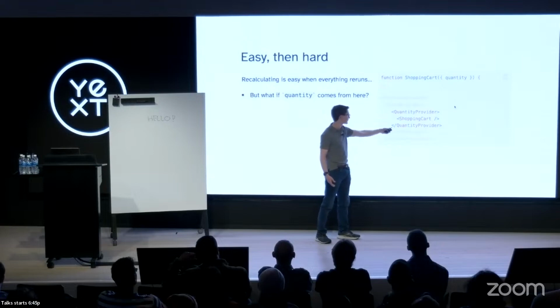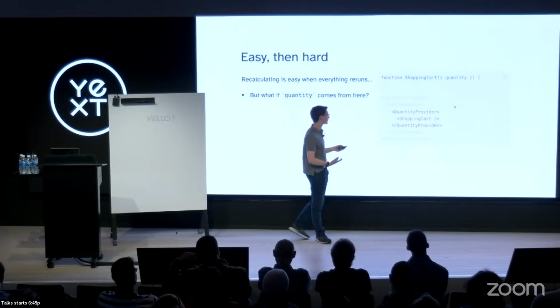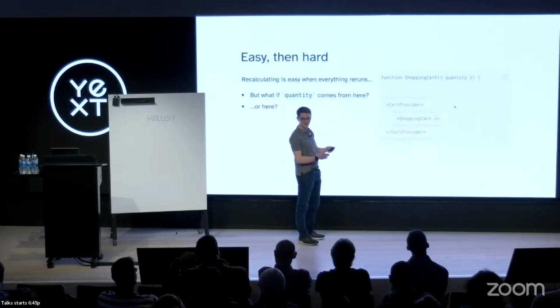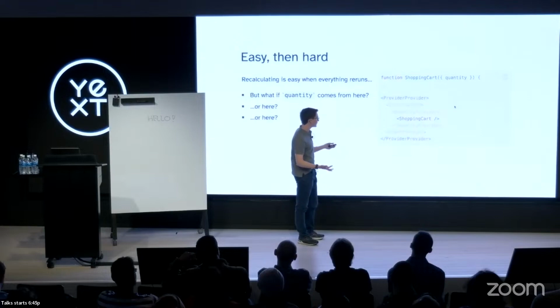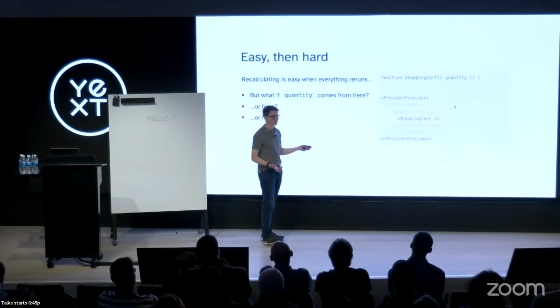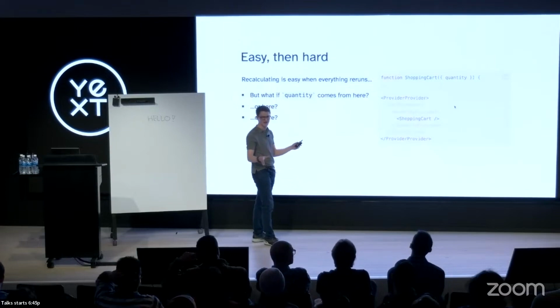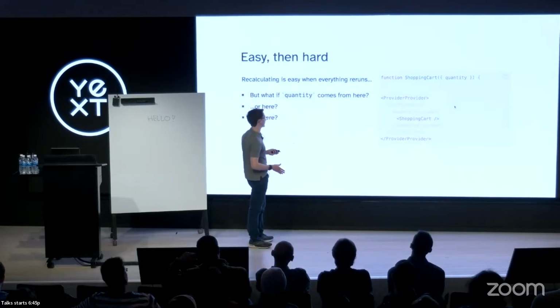So if this wraps around the cart flyout that is flying out from the side, it's wrapping around your navigation bar, anything is subject to re-rendering. And if you hoisted that state a little higher, you put it in the entire cart provider, the whole checkout flow re-renders when you change your quantity. Or you put it in your classic provider, which is what you end up with global state, where you could have your entire app re-render unexpectedly if you're trying to change something. Specifically with React context is what we're talking about there.